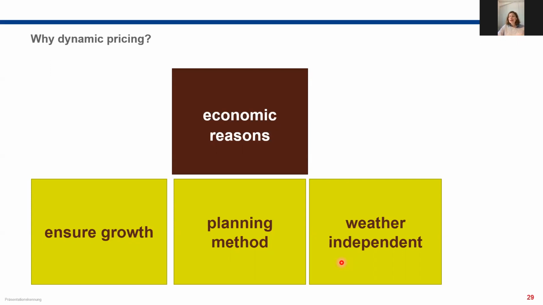To be honest, Petrus is still winning, but I have the hope that in 3 to 4 years we can fight against him and we will win. So that more people are pre-booking and we have a stable guest number, even though it's nice weather outside. Okay, these were the reasons why we thought about flexible prices.